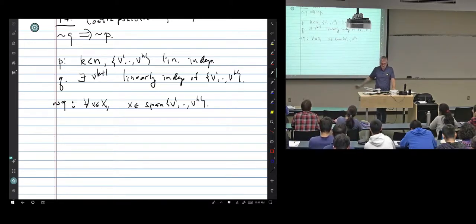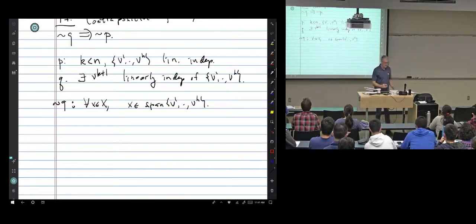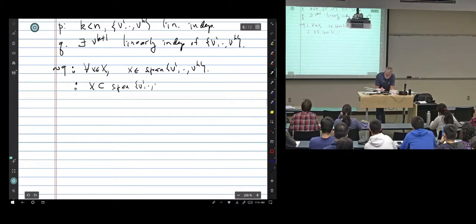Every x I choose is a linear combination of these. So now, what does it mean that every x is in the span? Well, X has to be a subset of those vectors, right? Because every x is in there.